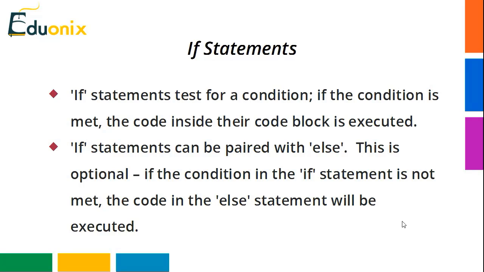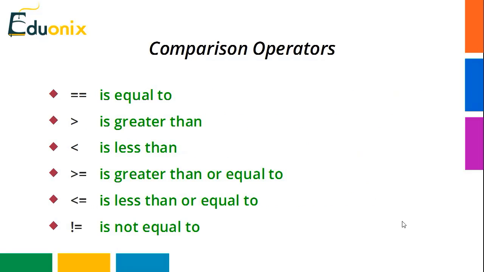And I will show you the syntax on how to create an if statement in a minute, but first of all I would like to talk about comparison operators. Together with logical operators, these are how you create the statements that you are able to test using an if statement. So it's important to understand how these work.